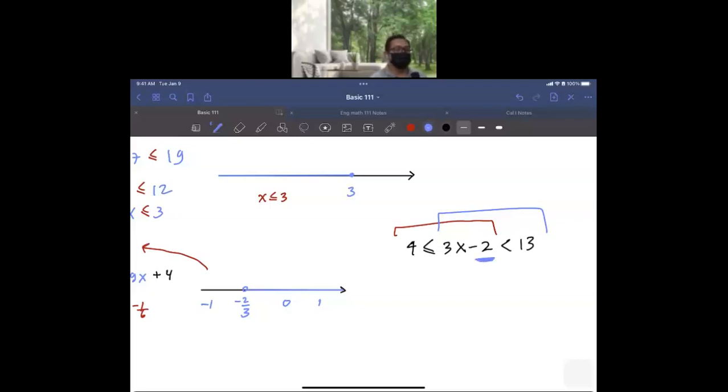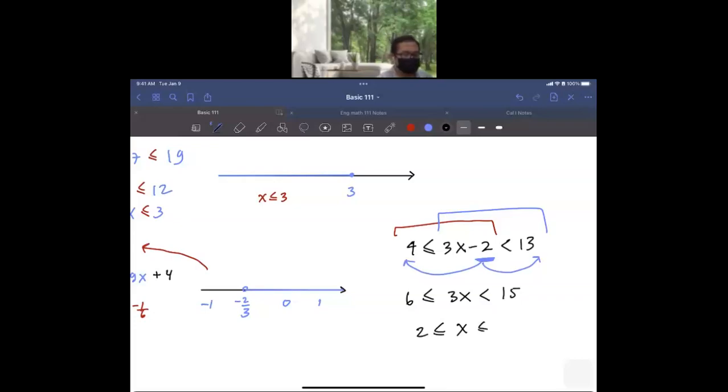When we move out, for example, this negative 2, we need to move it to both sides. So we are going to have 6 and plus 2, and this will be plus 15.